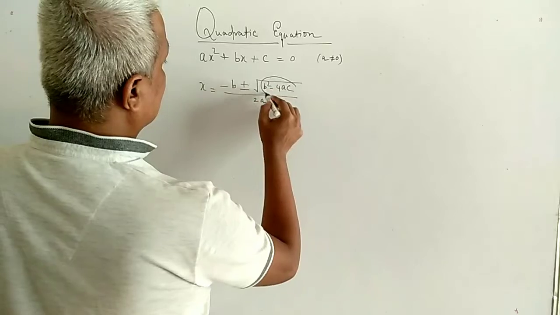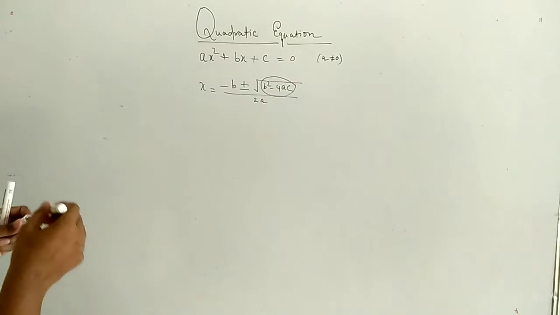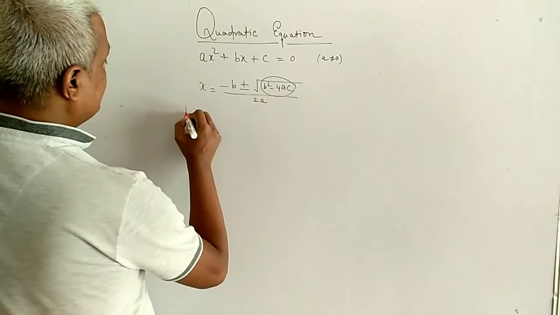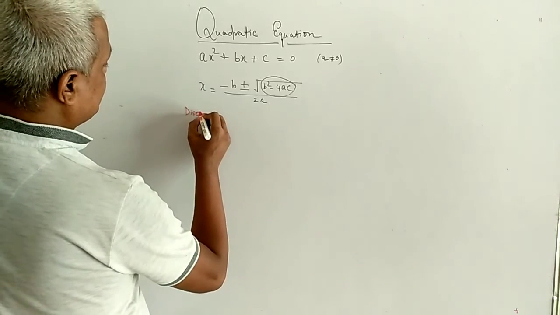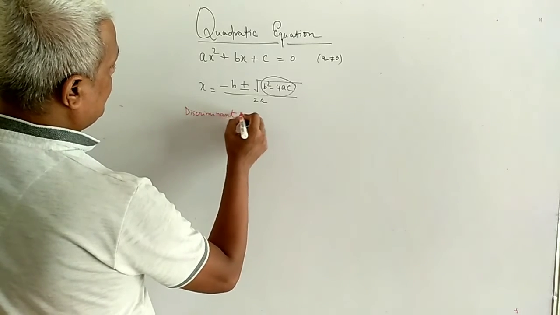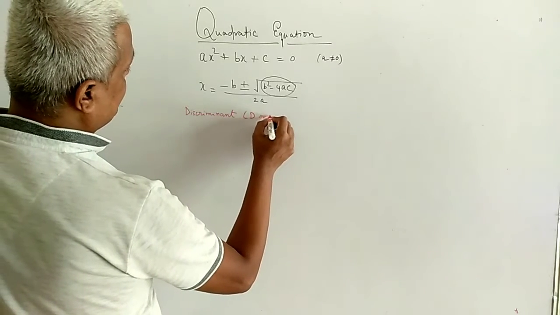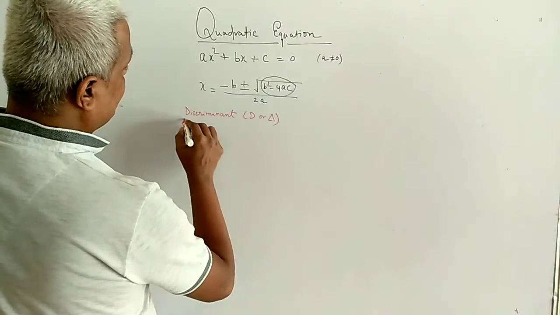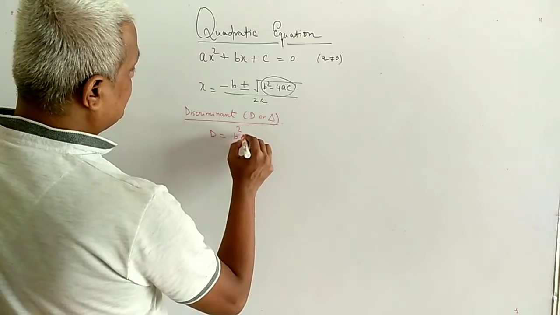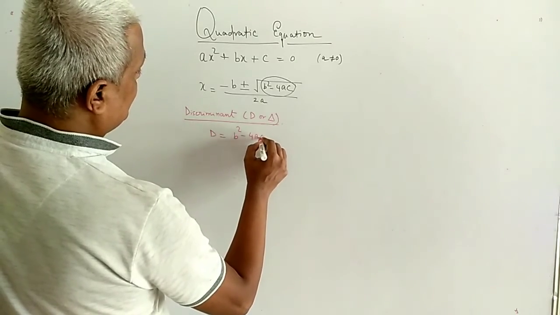This quantity is called discriminant of a quadratic equation, and it is represented by capital D or delta.